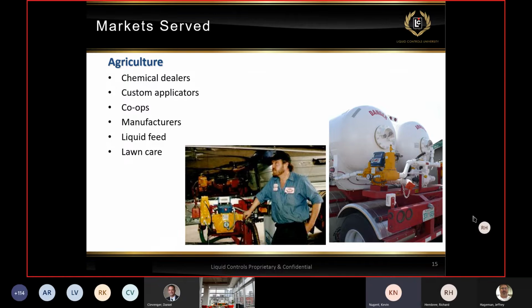He loaded that transport with fertilizer, and that transport went to various communities throughout the surrounding states and delivered a specific amount of gallons to each of their customers. The right-hand side is an anhydrous ammonia application, where the NH3 or the anhydrous ammonia is used as fertilizer. And we used our MA series meter class 12 for that application.